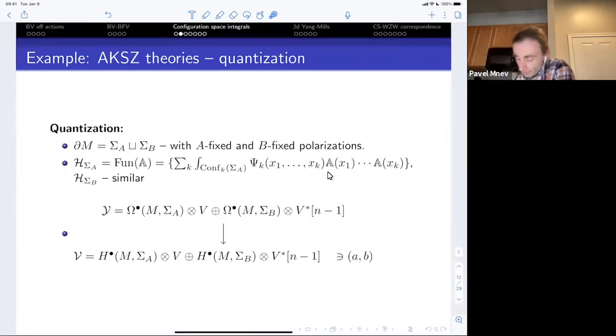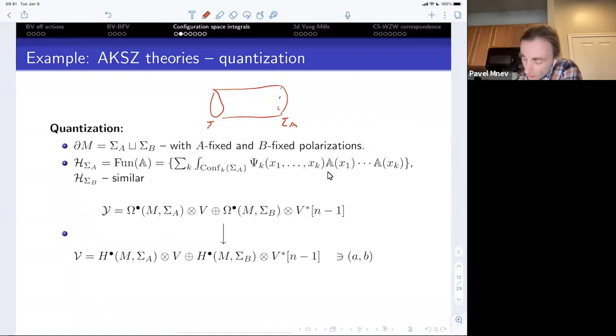Now for quantization, I think of a manifold with boundary where some part of the boundary is called Sigma A and the rest of the boundary is called Sigma B. I call them that because I want to fix a polarization with base given by the A field on Sigma A. I will fix the boundary condition for the A field on Sigma A, fix the value of the B field on Sigma B, ignore the A field on Sigma B, and likewise ignore the B field on Sigma A. I call these boundary conditions A and B with double leg.